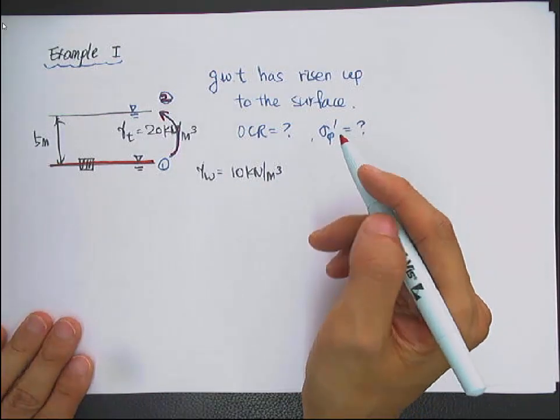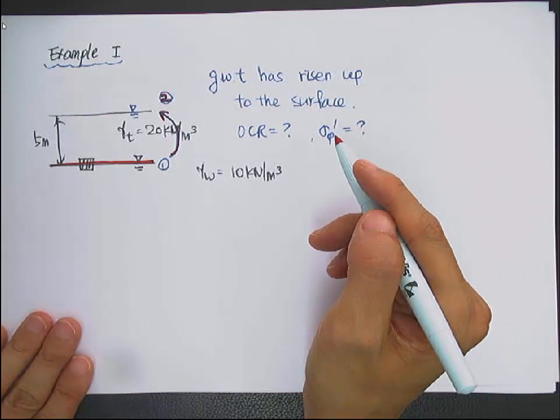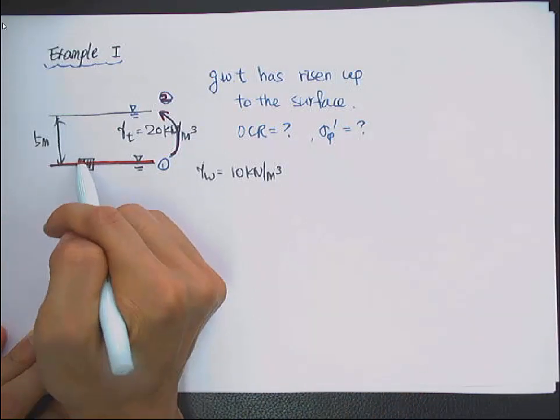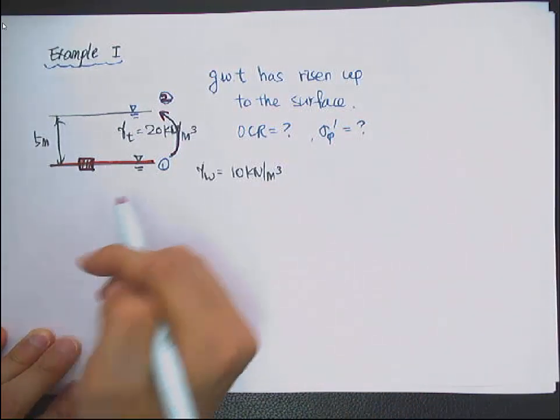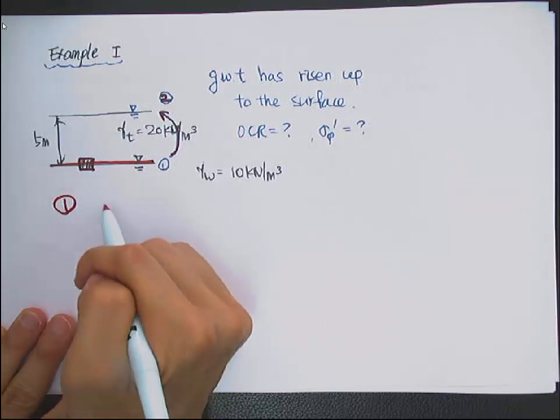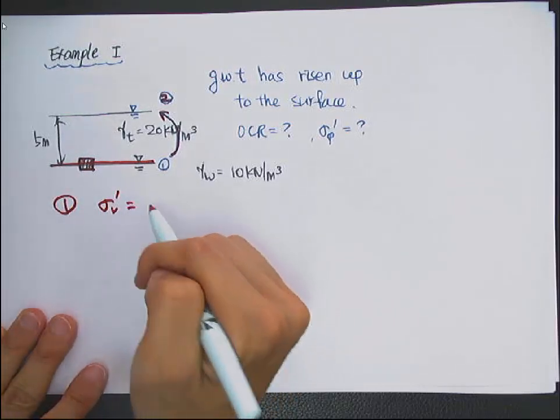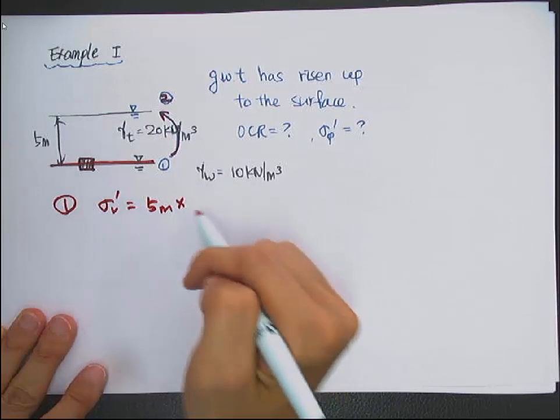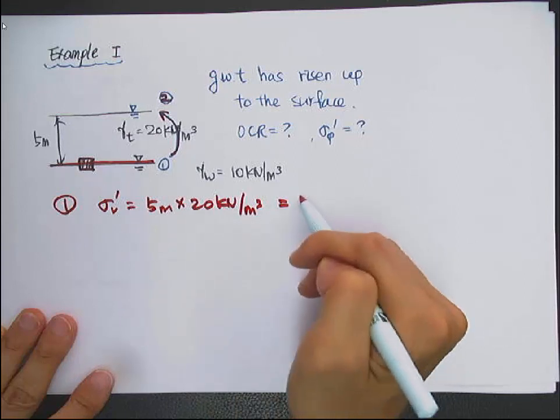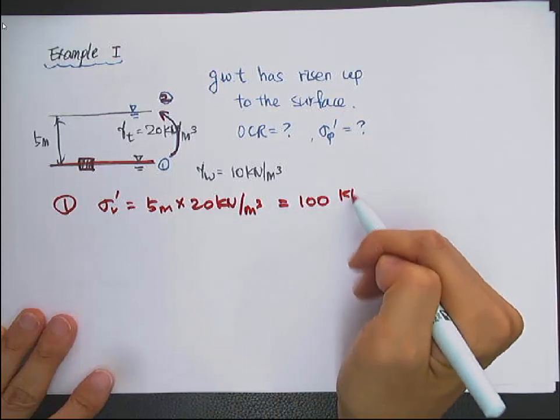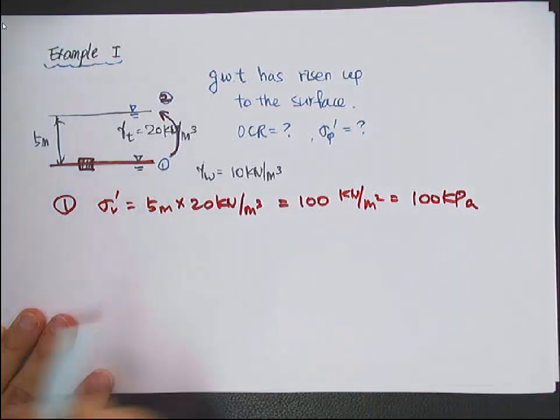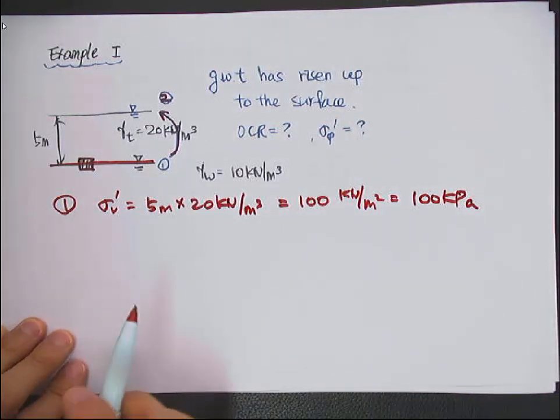So then let's calculate the vertical effective stress at 5 meters deep at time 1. Right? Here the vertical effective stress will be 5 meters times 20 kilonewton per cubic meter. So it's 100 kilonewton per square meter, so the vertical effective stress is 100 kilopascal.